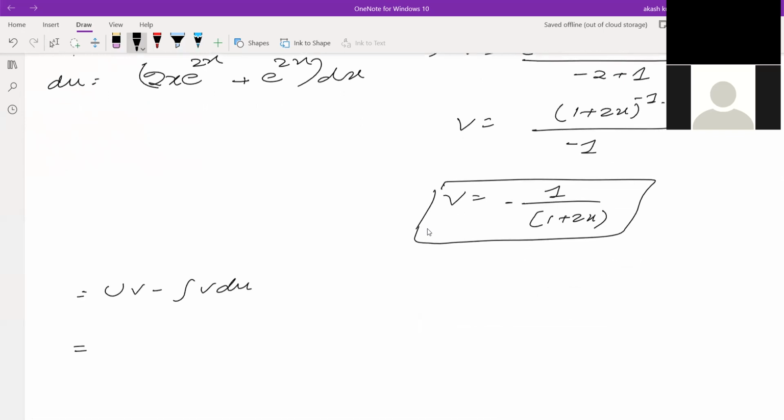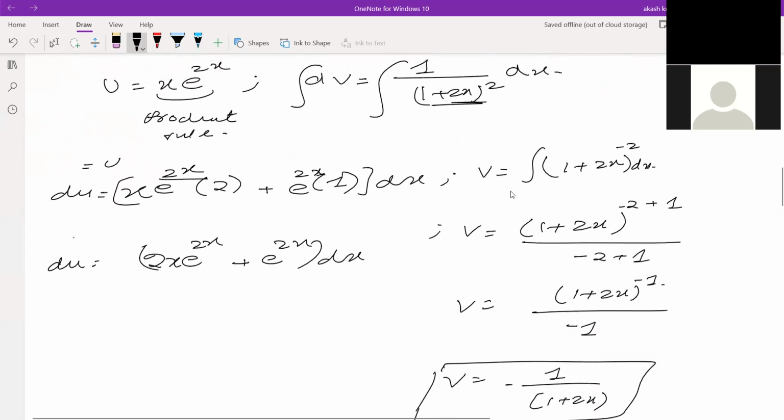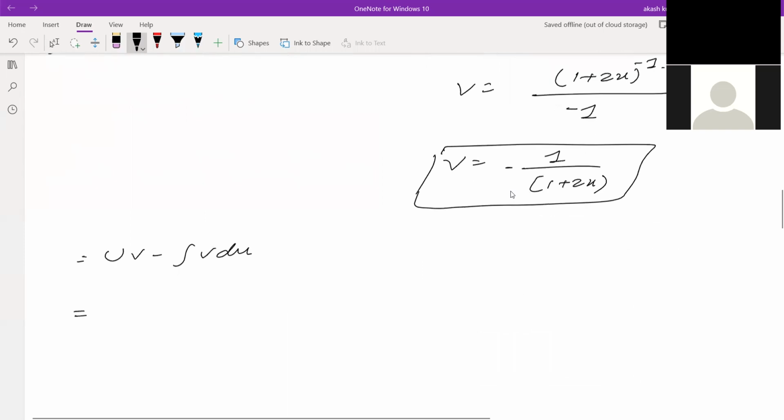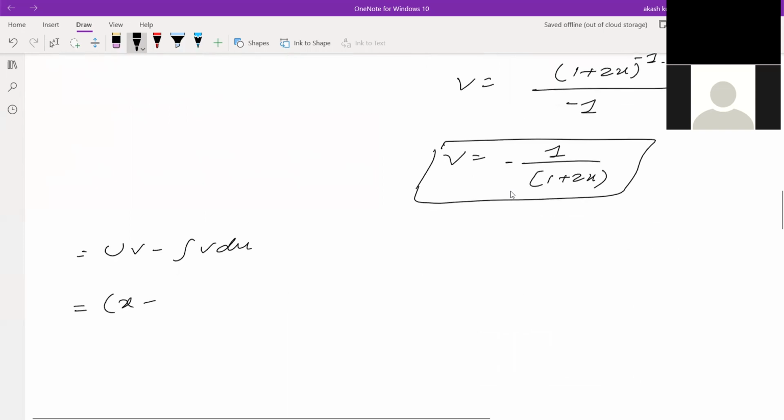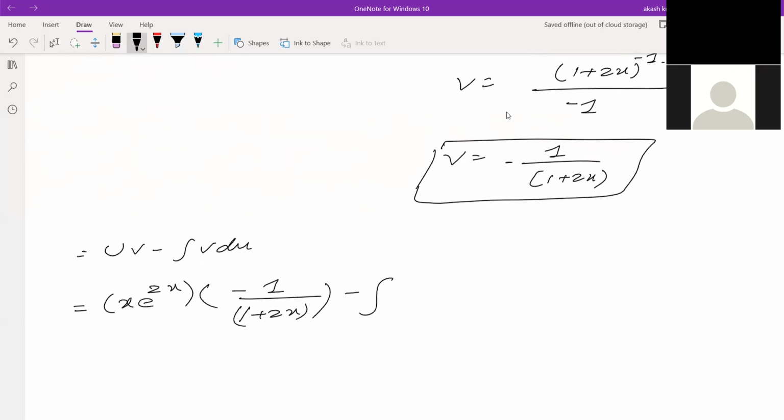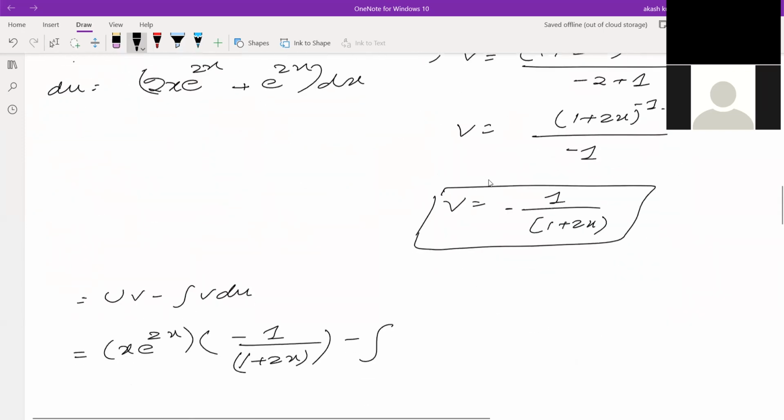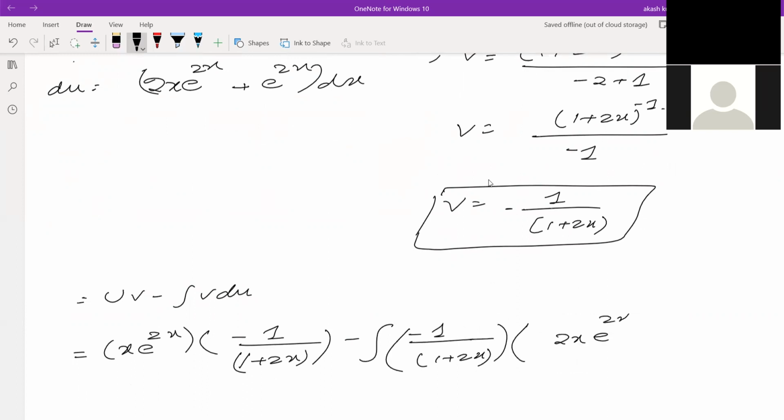So u is x e^2x, v is minus 1 over 1 plus 2x, minus integral of v, which is minus 1 over 1 plus 2x, and du, which is 2x e raised to the power 2x plus e raised to the power 2x dx.